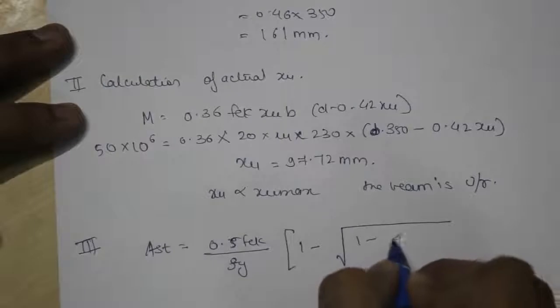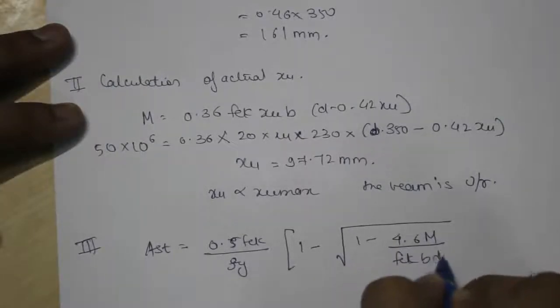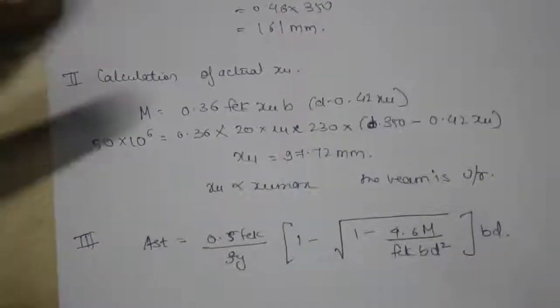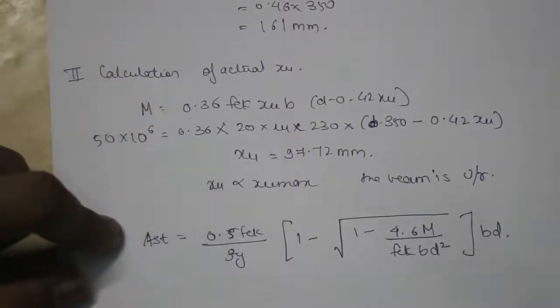into 1 minus the square root of 1 minus 4.6 M upon fck b d square, into b into d. So again, this is not an empirical formula. This formula has also been derived from the basic fundamentals.